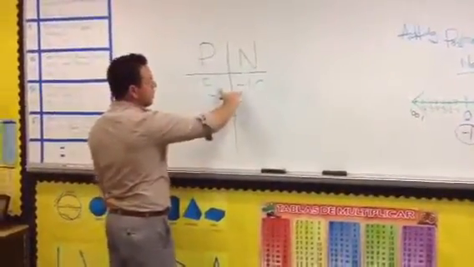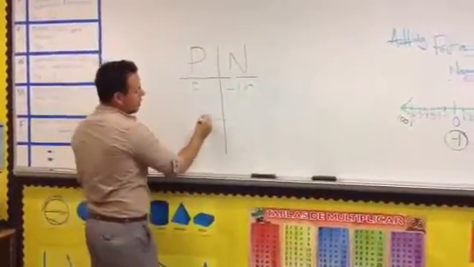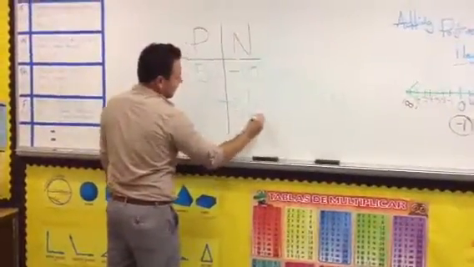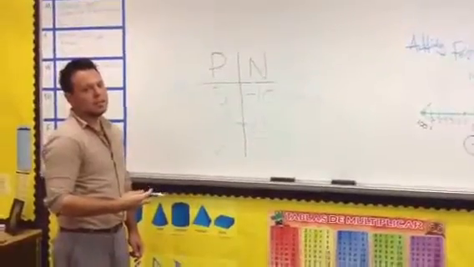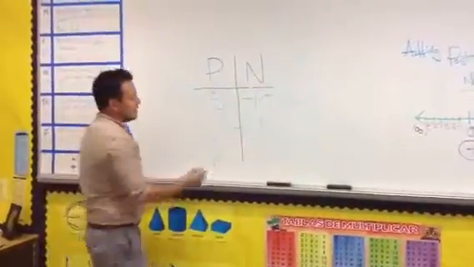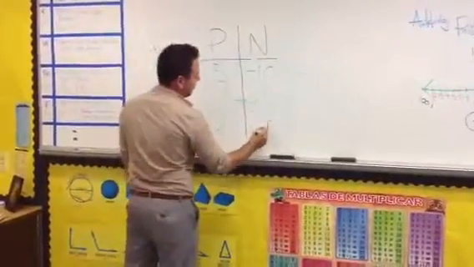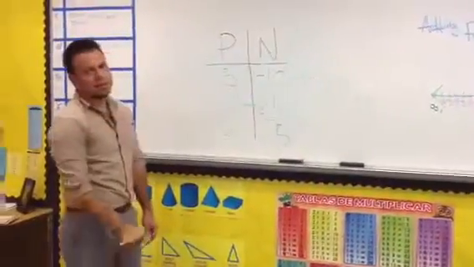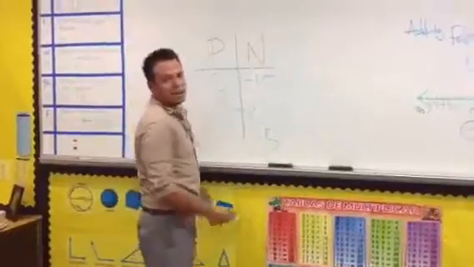Because they're both different signs, I got to move one number over. I would move over the 5. Now, since I had to move it over, do I add or subtract? If you said subtract, that's correct. So my answer would be 5. Now, because it's underneath the negative column, what's going to be the sign of my number? If you said negative, you'd be right.